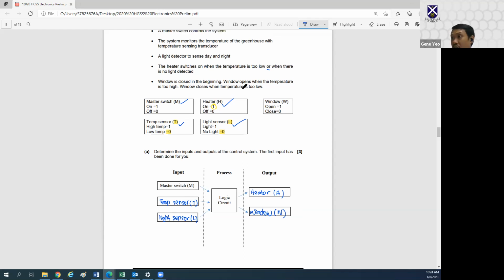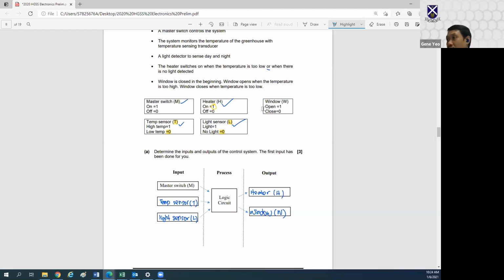Okay, next, the window. Now we are going to look at the window. The window opens when the temperature is too high.